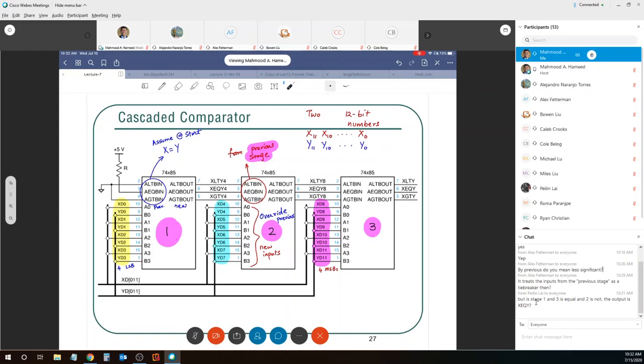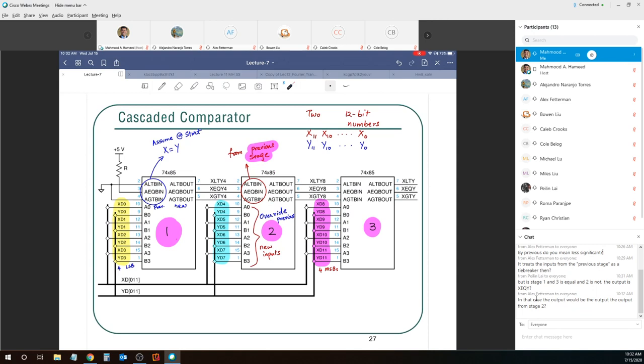There's another question in the chat box, which is, but if stage 1 and 3 are equal and 2 is not equal, is the output x equal y? No. So if these things are equal, and if stage 2 the output is greater, then this guy will be active, right?